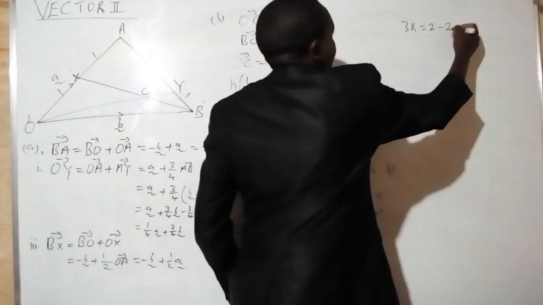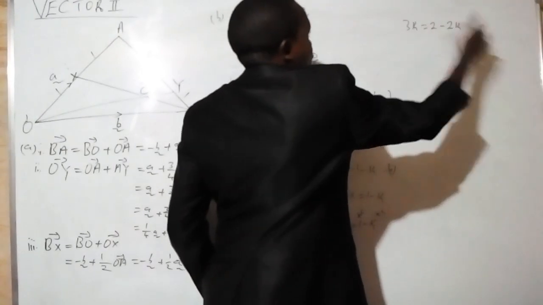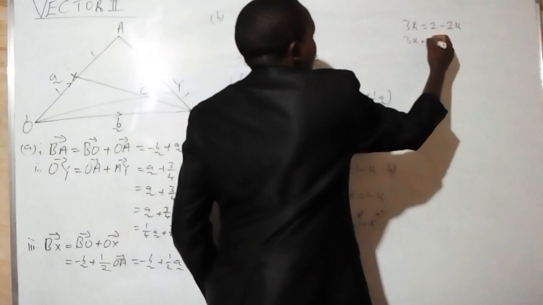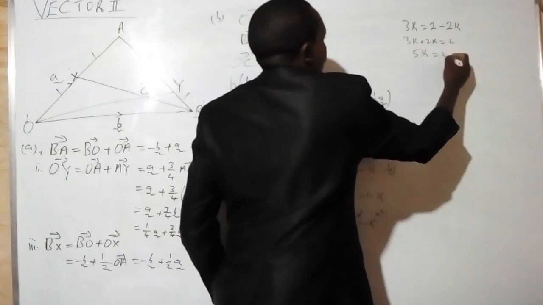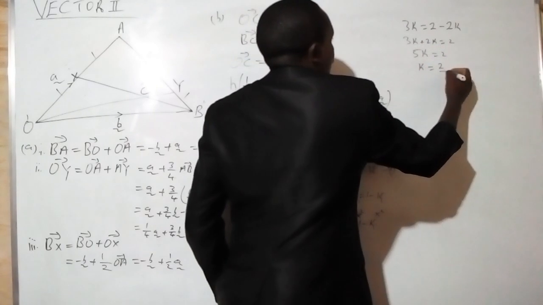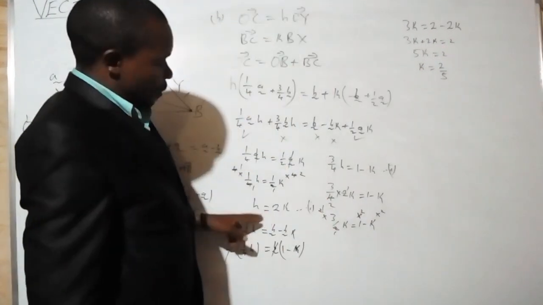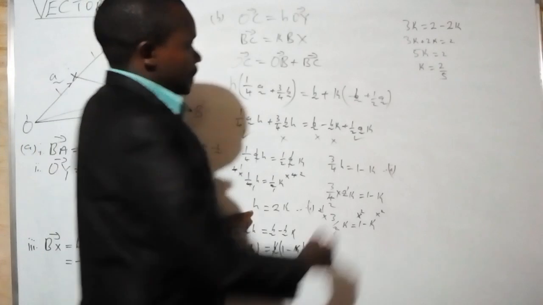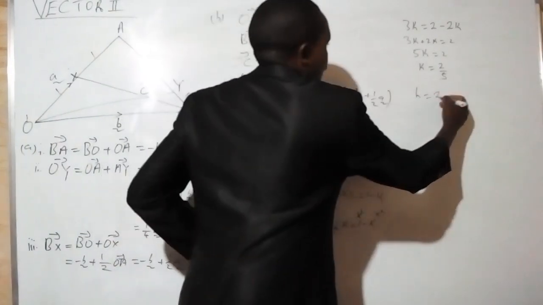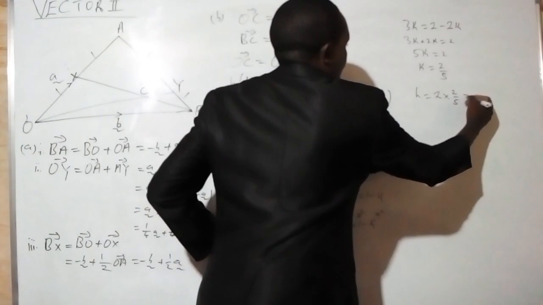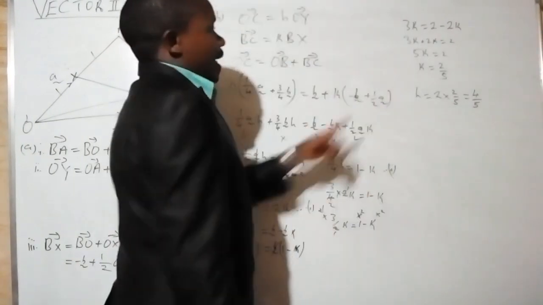Like terms, negative 2K from right to left. 3K plus 2K is equal to 2. 5K is equal to 2, and K will be 2 over 5. You substitute it here to get the value of H. H will be 2 times 2 over 5. This is supposed to be 4 over 5. This is our value of K and H.